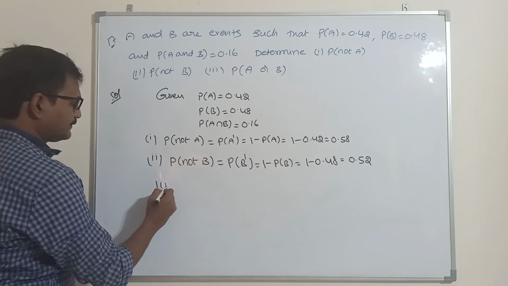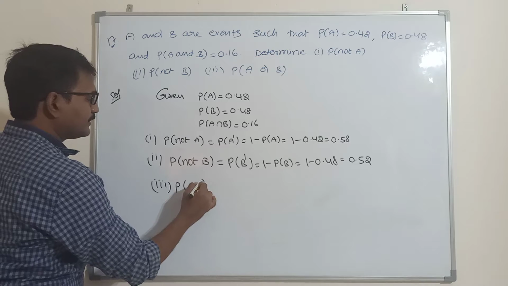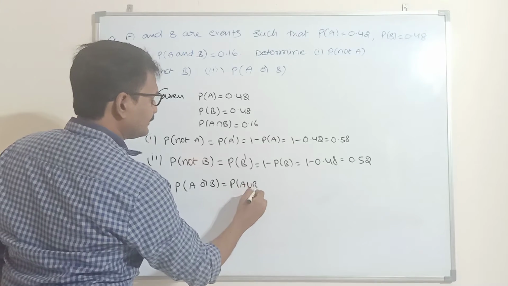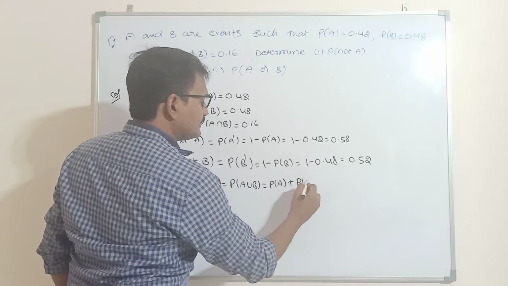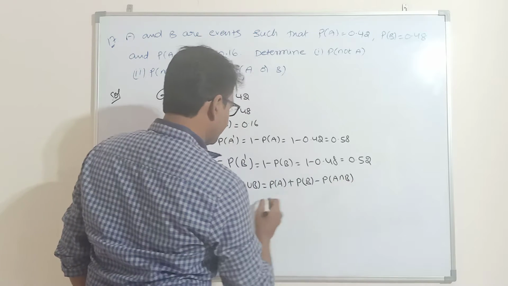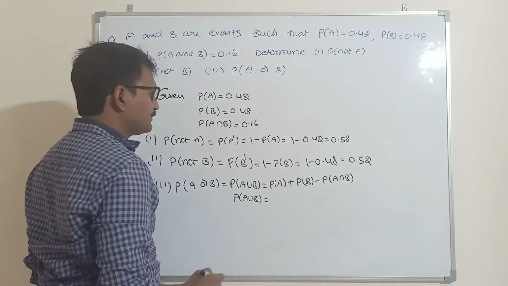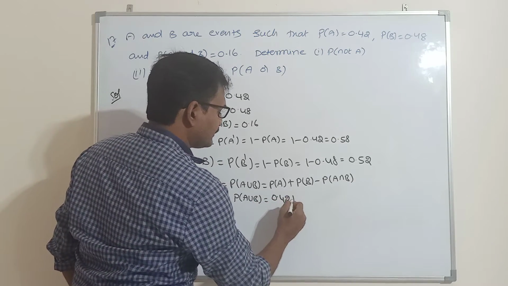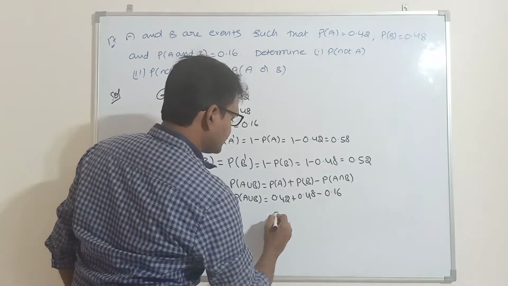Third question, P of A or B. That means P of A union B. P of A union B is P of A plus P of B minus P of A intersection B. So P of A union B is equal to 0.42 plus 0.48 minus 0.16.